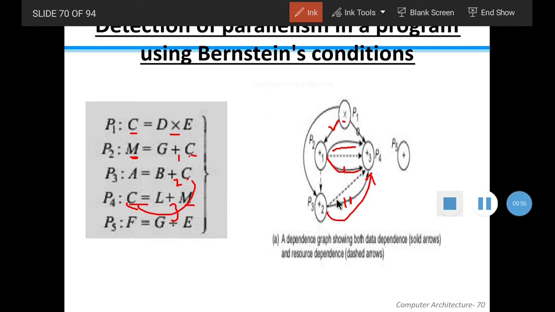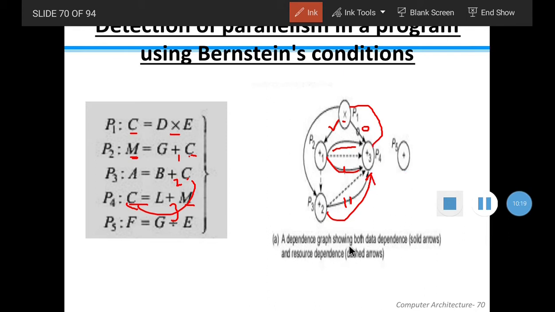And output dependence: if you see here, P1 and P4 both are using C. So this is the bubbled one. P1 and P4 have output dependency, and P4 we don't have any other connections.